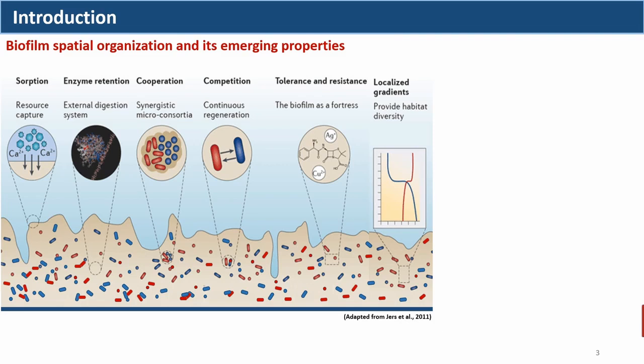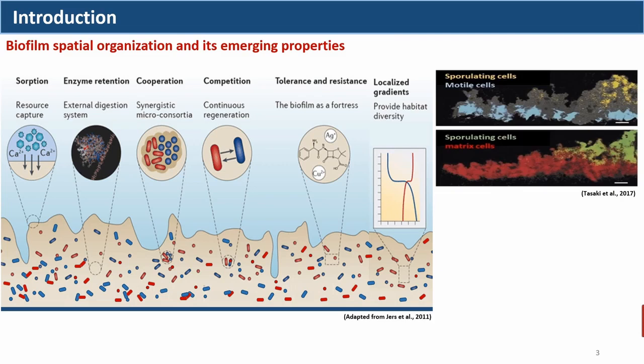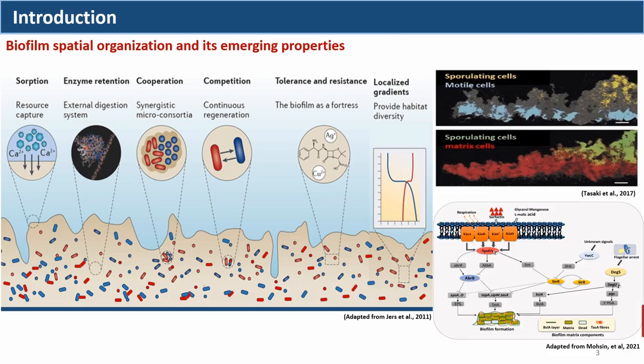By such an aggregation, cells residing in a biofilm could acquire new emergent properties that were not present or not predictable by studies on free-living bacterial cells, such as resource capture by sorption, enzyme retention, social interaction, tolerance and resistance, and also localized gradients due to environmental microscale adaptations, which will lead to cell physiological heterogeneity hidden behind a sophisticated network of gene regulation.